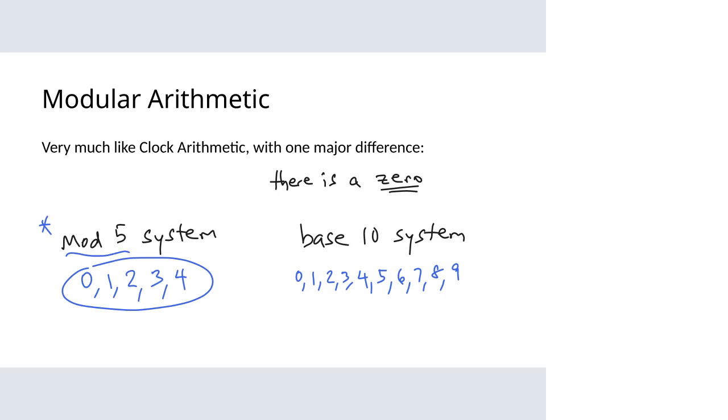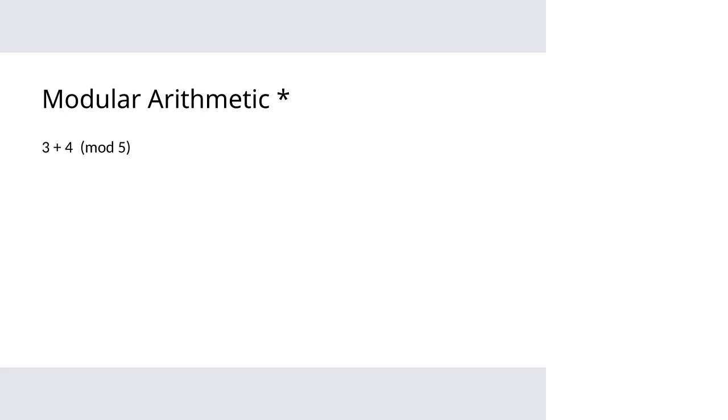Let's look at a problem that involves mod 5. Oh, and if you want to draw a picture of a mod 5 system, you just have 0, 1, 2, 3, 4. Because you can absolutely do these on a picture the same way you did the clock arithmetic. Okay, let's take a look at one. 3 plus 4, mod 5. I'm going to make a poll for these. So this is mod 5, and we're doing 3 plus 4.